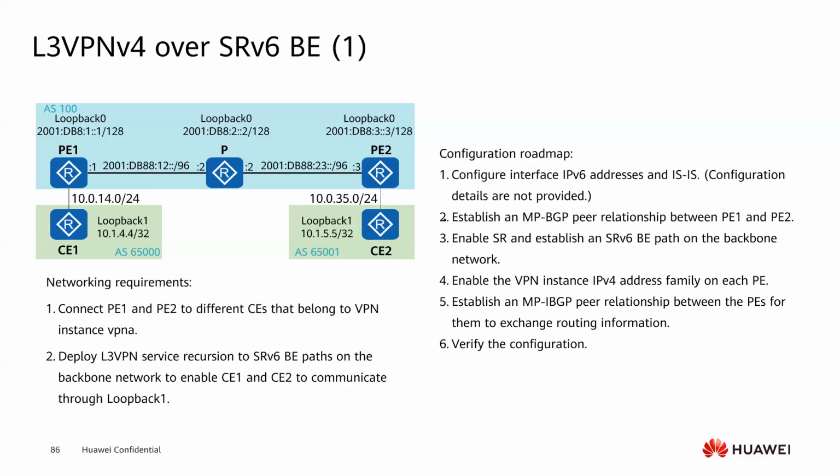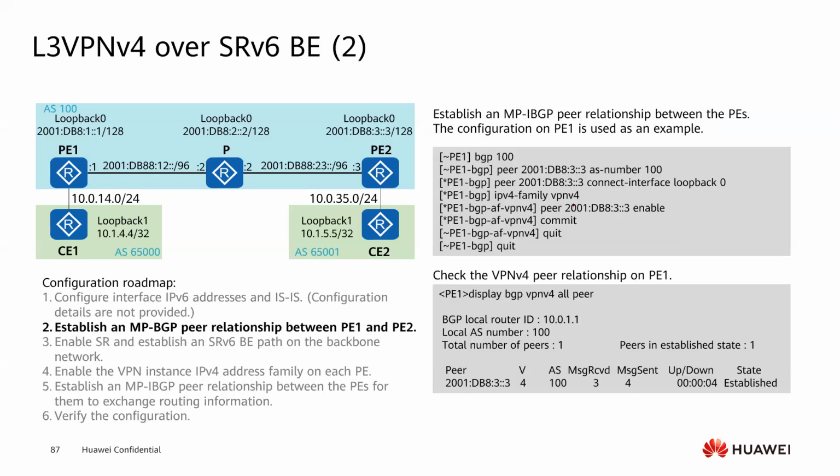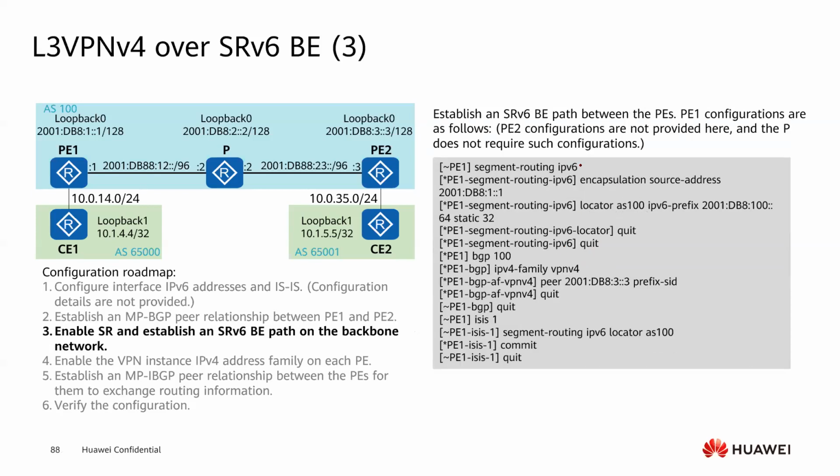So this is for SRv6 BE to carry Layer 3 VPN v4. Very simple. This is for the VPN v4 exchanging BGP peers. So enable the SRv6 encapsulation, the source is here.